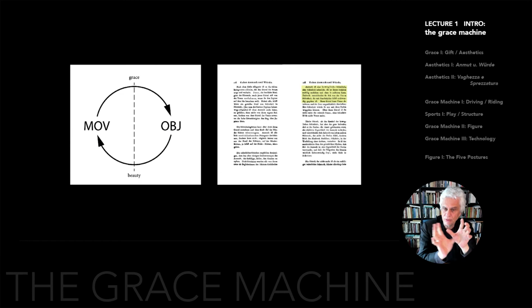Max Müller is very interesting because he wrote about the Charites as being directly derived from Sanskrit, from the Veda, where the horses that pull the chariot of the sun of radiance are called the Haritas.